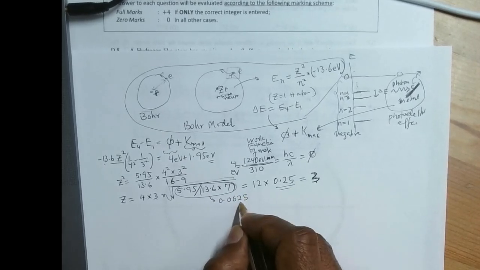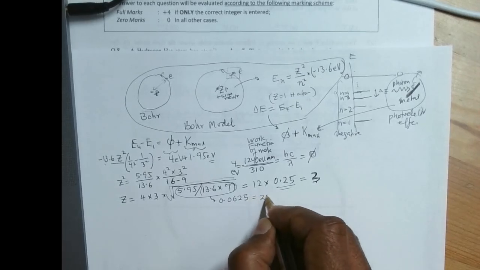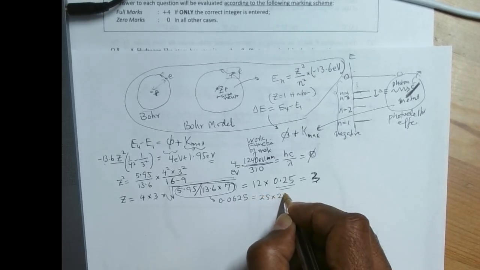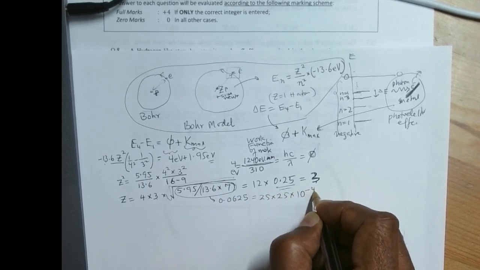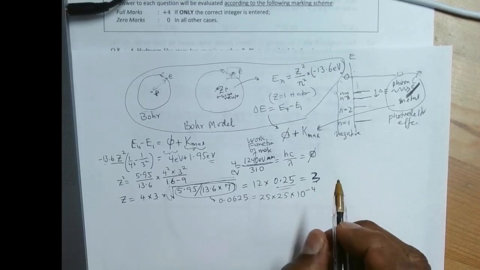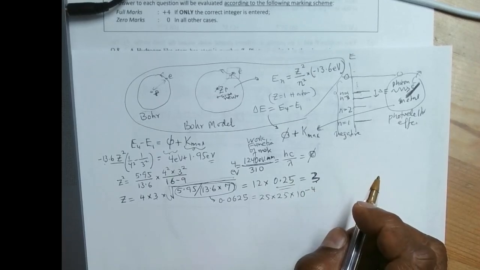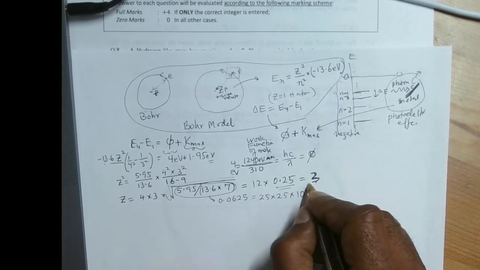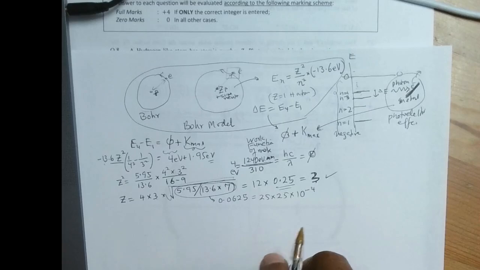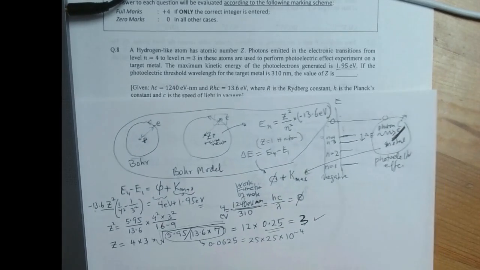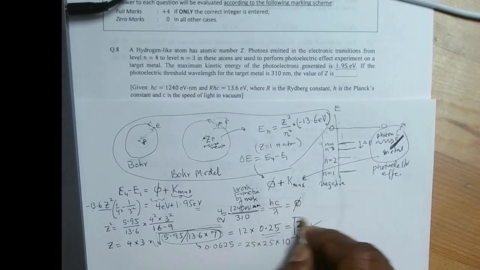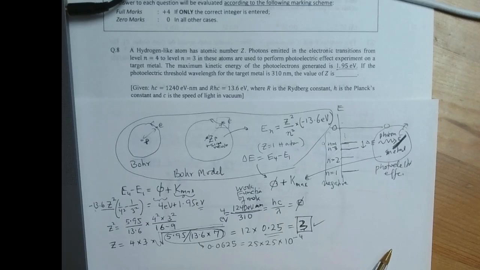So you can see that it's going to be 25 times 25 times 10 to the minus 4, and that's just 0.25, and that over 12 is, nicely, 3. So I'll just enter the answer 3. That's the answer for question 8.